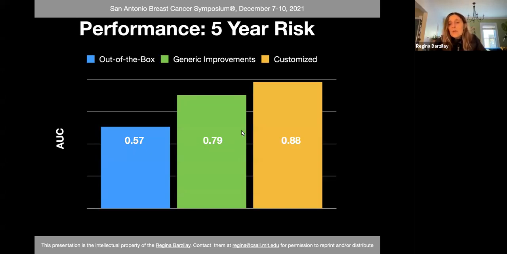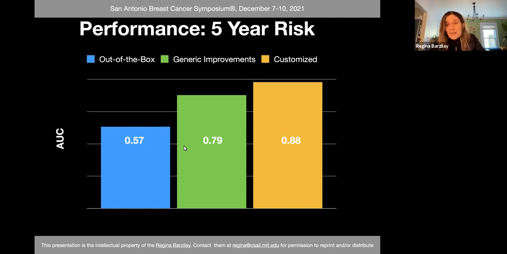You can see here, we're talking about the model trained on images to predict risk. I will talk more about it later, but the point is that if you're just taking an out-of-the-box model, you go and download a generic computer vision tool and you train it on mammograms, your AUC is going to be 0.57 when random is 0.5.